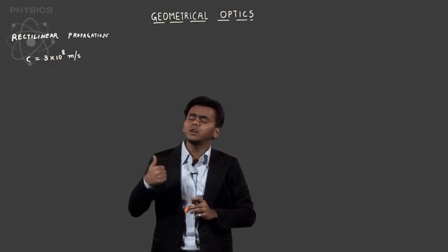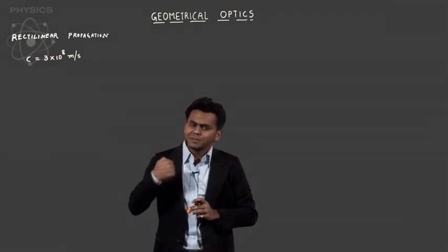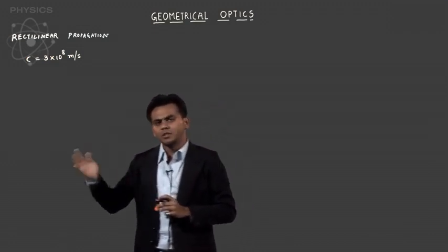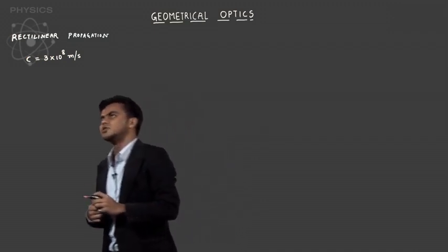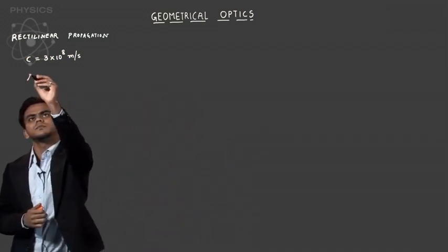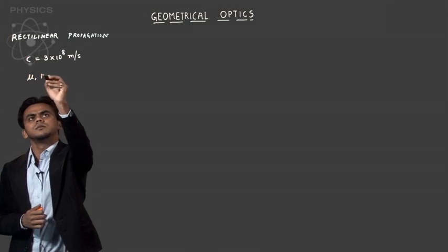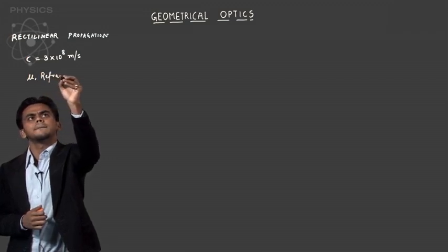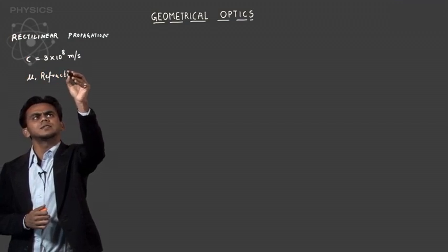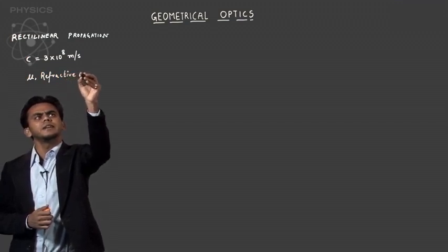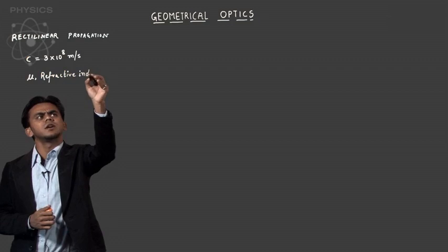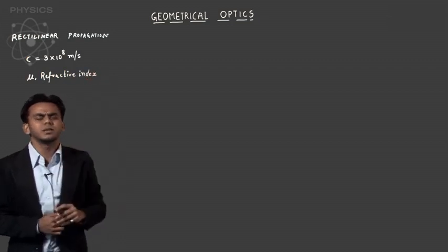And there's an optical property of a medium, of all the media essentially, that is known as refractive index, mu. Mu is refractive index. We'll come to what exactly this thing is, but right now it would just suffice us to understand one thing about refractive index.